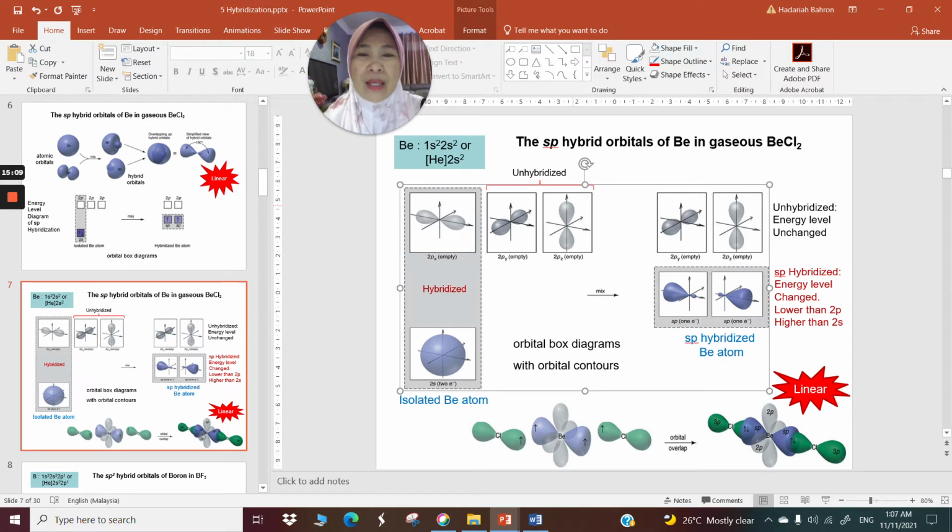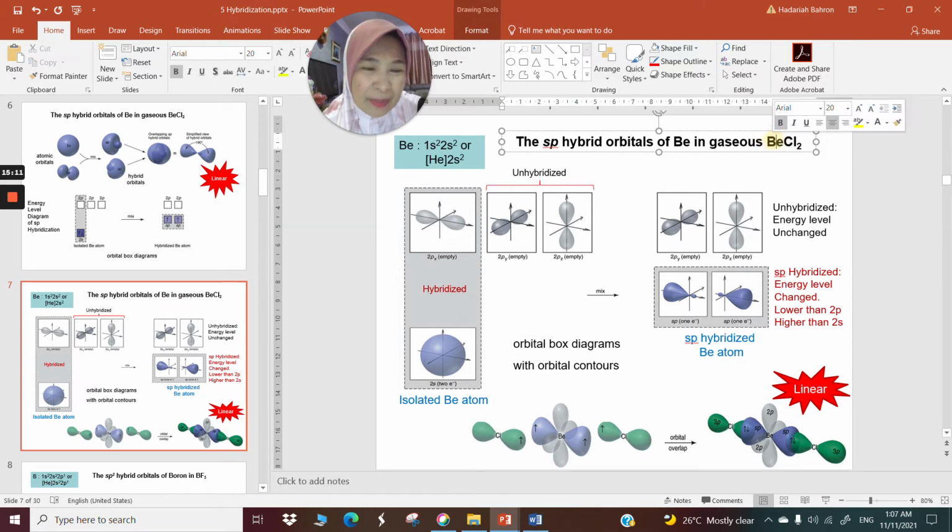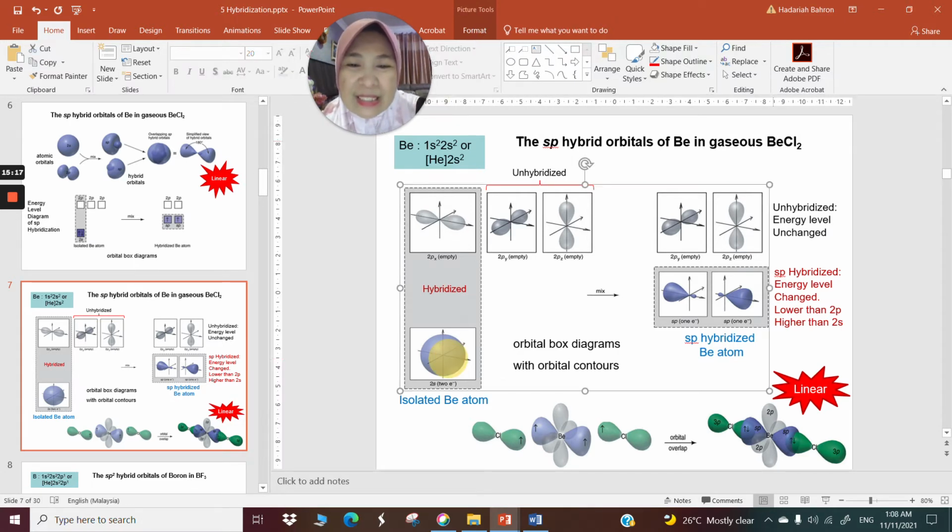So in beryllium chloride, the hybridization that's going to happen is the mixing of your s orbital with one of the p orbitals. There are 3 p orbitals, but not all of them are going to be mixed with s, only one.